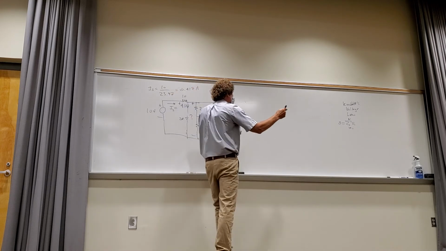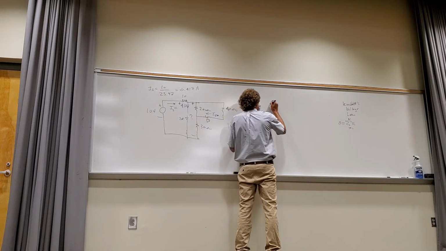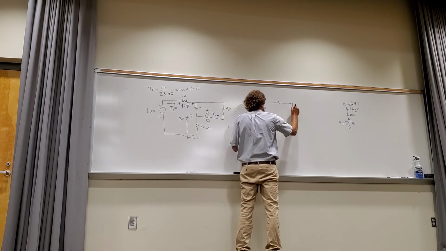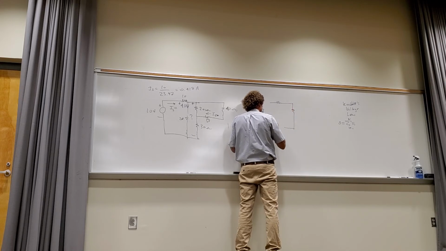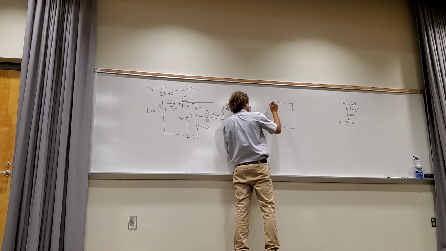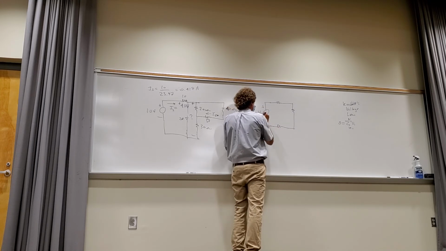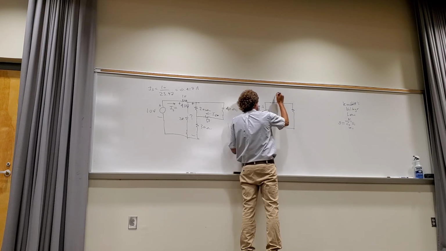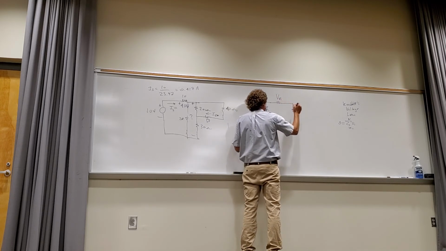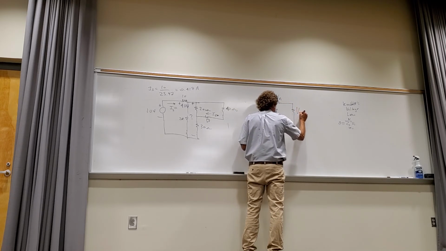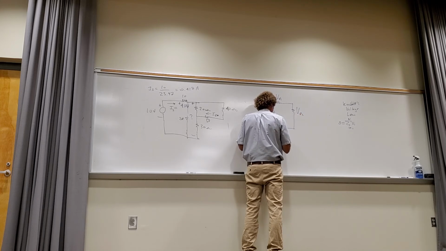Hopefully we will. So, if you have a resistor, another resistor, another resistor, and a voltage source, V. I'll call that V source, VR1, VR2, VR3.